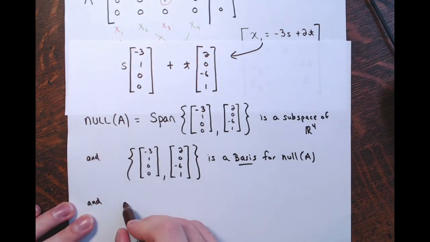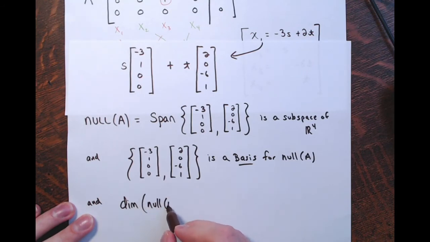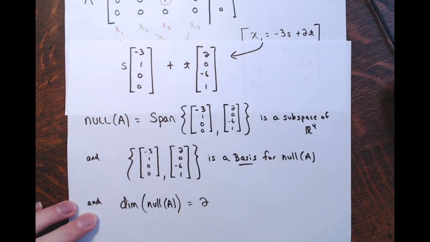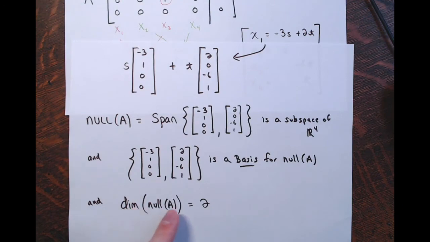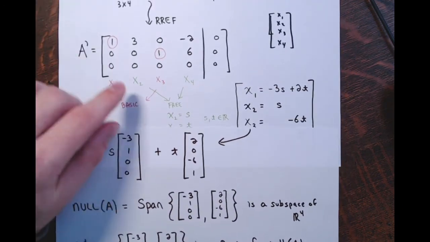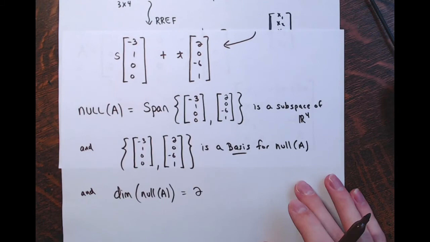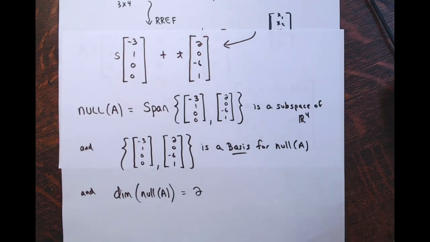So the dimension of the null space of A, which later you're going to see is called the nullity of A, is 2. And I said to you earlier, remember, the dimension of the null space will be the number of free variables when you go through and try solving this AX equals 0 equation. So pretty similar, just 2 free variables this time instead of 1.